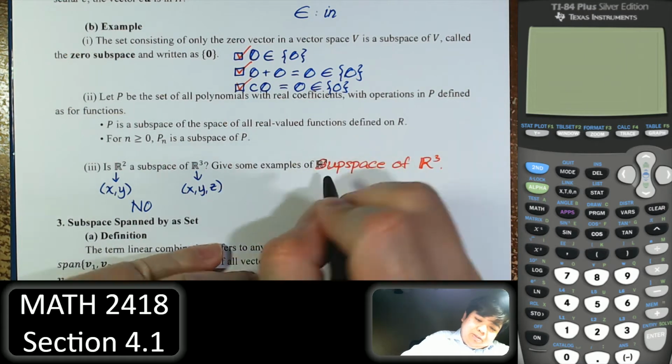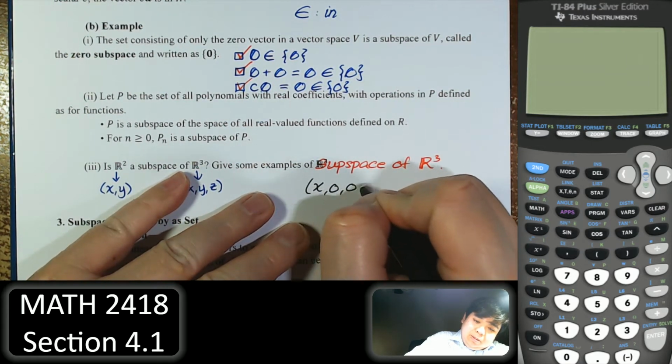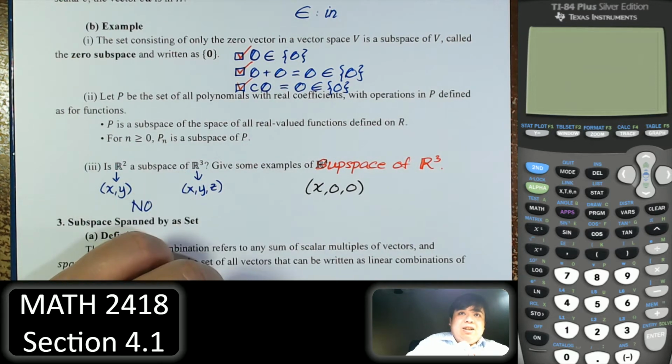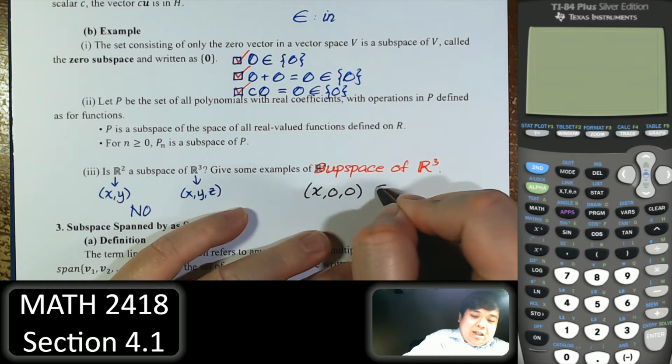I could write this: this is the x-axis, only having x values, with y and z equal to 0. This, of course, is a subspace in R3, right?